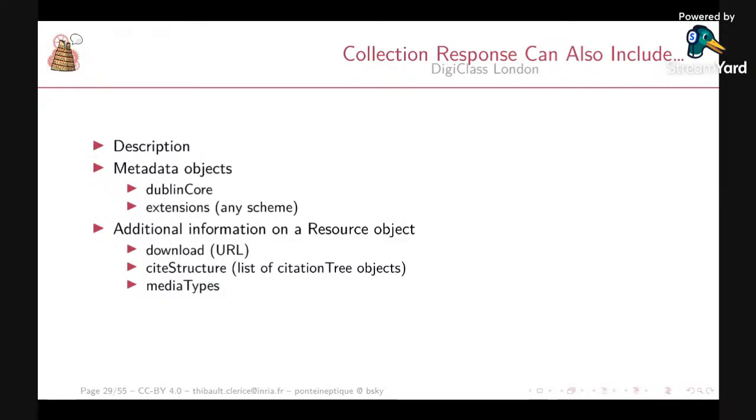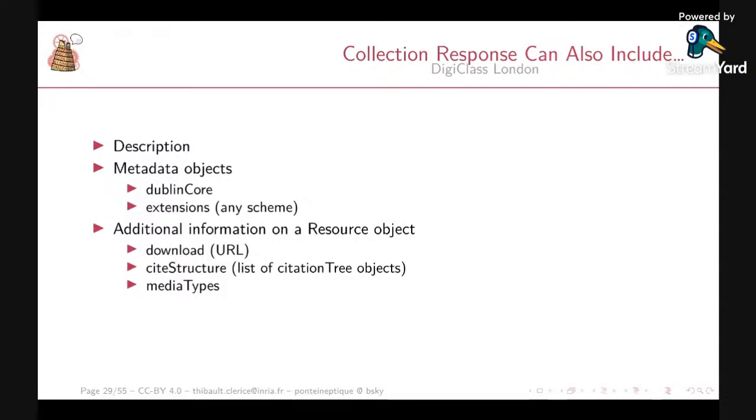There is a special space in the collection template where you can use any namespace you want, and it's project specific, so people do not need to be aware of it. But you have also the Dublin Core part where people normally know what to do with Dublin Core, basically.